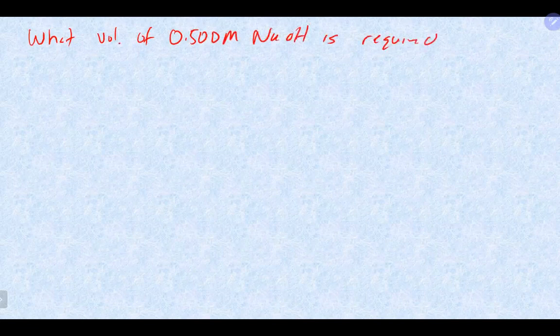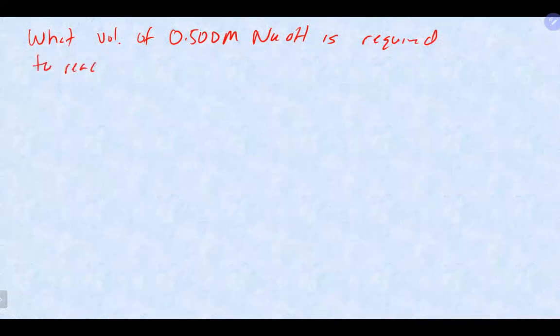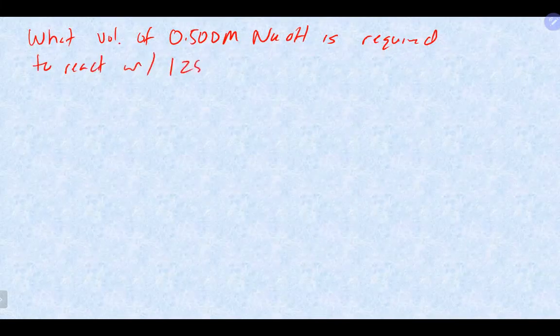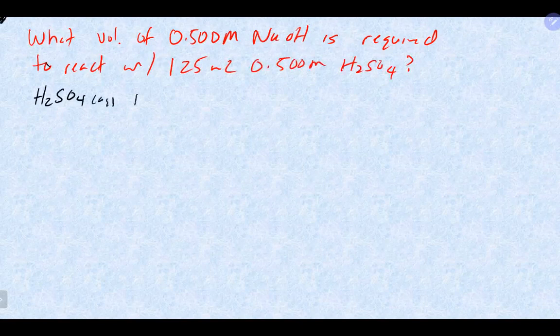So look, doing the one that should say: what volume of 0.5 molar sodium hydroxide is required to react with 125 milliliters of 0.5 molar sulfuric acid? We're going to react with our sodium hydroxide, which is a base.